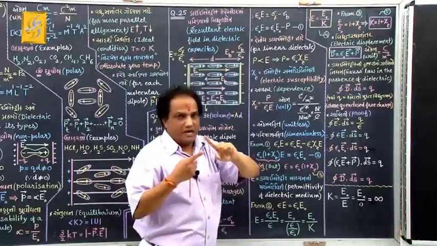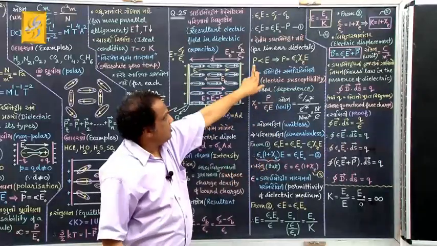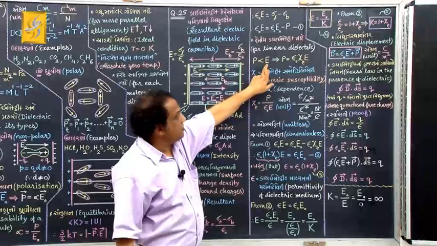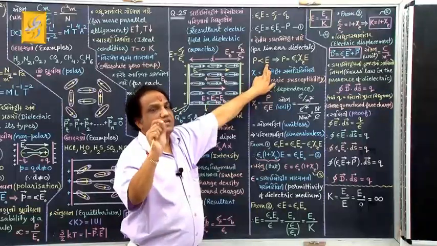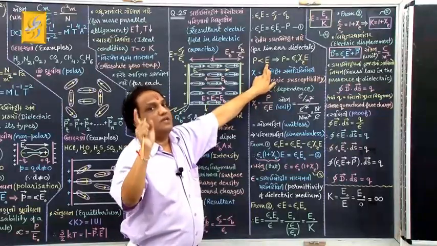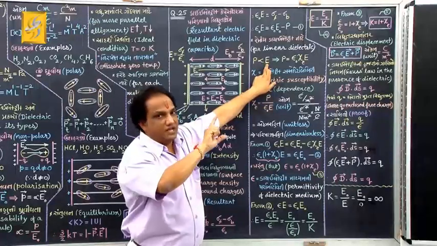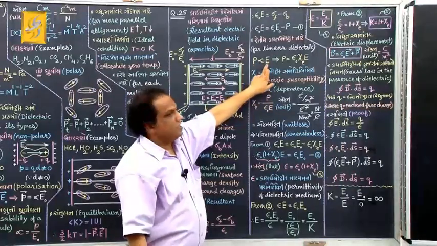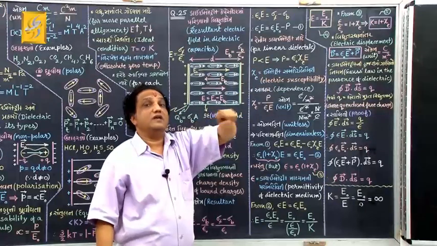I repeat, a dielectric in which intensity of polarization is directly proportional to the strength of the resultant electric field inside it is called linear dielectric. When P is proportional to E, you can say that the dielectric is a linear dielectric.